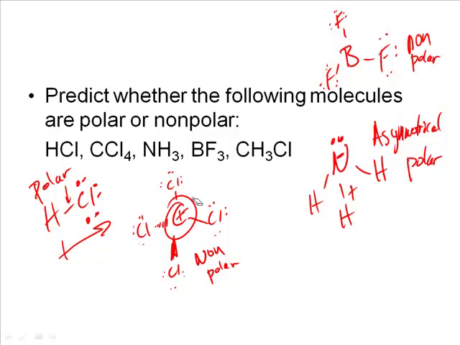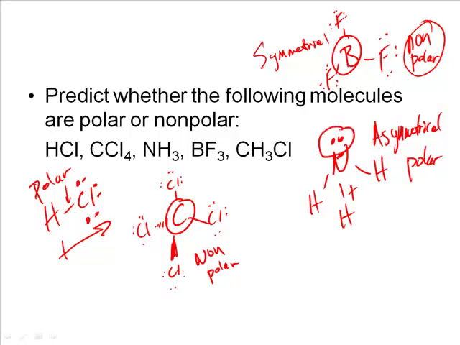Now, one of the things you might be realizing is on these larger molecules, if there's no dots on the central atom, such as here and here, typically they are going to be symmetrical. Okay, because everything cancels out, and they're typically going to be nonpolar. In molecules where the central atom does have dots on it, they tend to be asymmetrical, and obviously then tend to be polar.